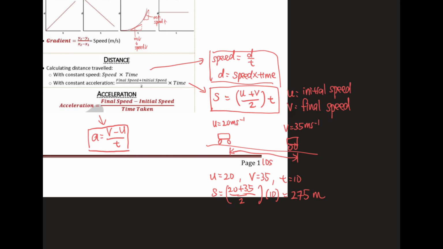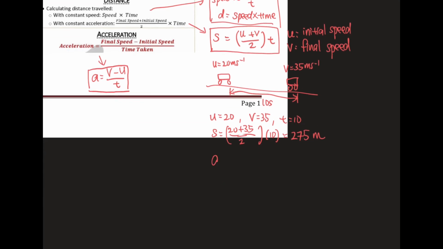So the acceleration is a equals v minus u over t. So you have 1.5 meter per second squared. Okay, so that is the acceleration.